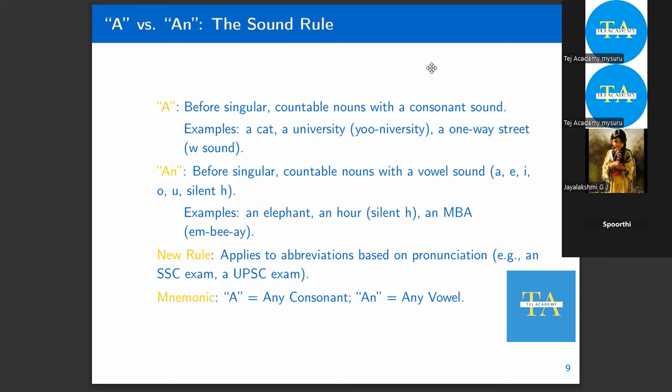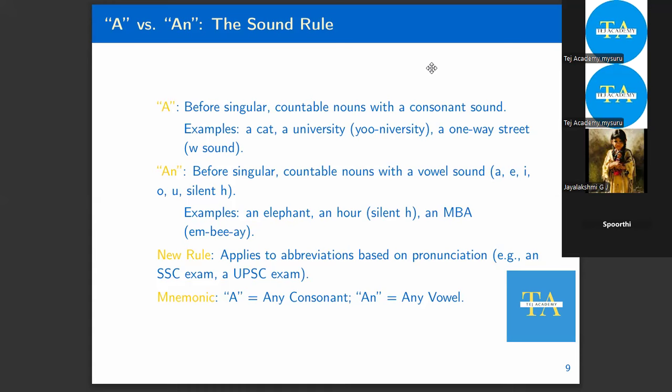I hope that's clear. And here, let's go to the last example for a, which is a one-way street. Instead of saying one-way street with an O sound, it is pronounced as one, with the W sound, W-U-N, one.